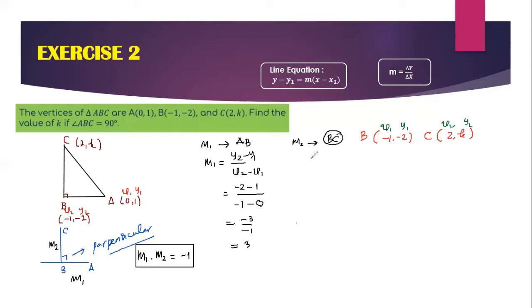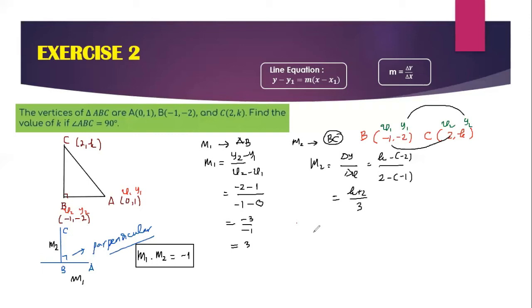M2 equals delta y over delta x, so y2 minus y1, which is K minus 2, over delta x, x2 minus x1, which is 2 minus 1. So we find M2 is K plus 2 over 3.